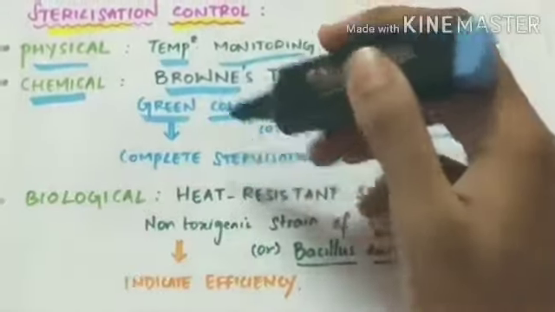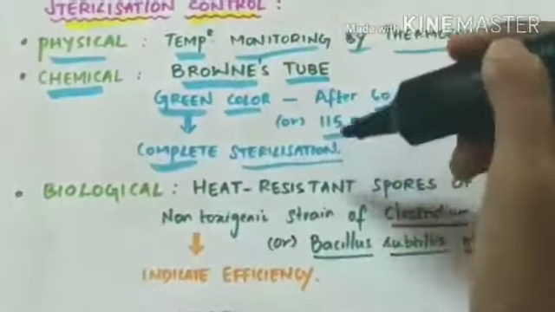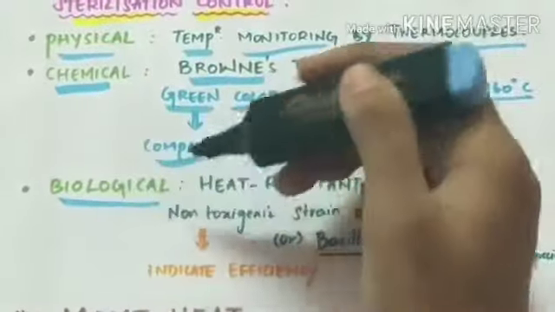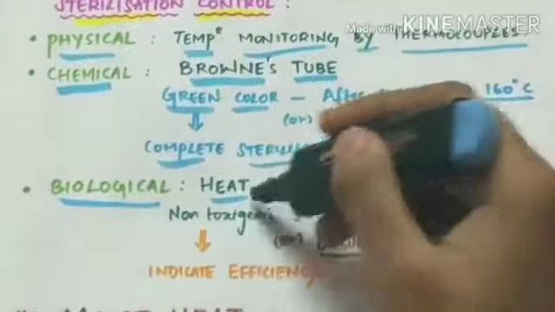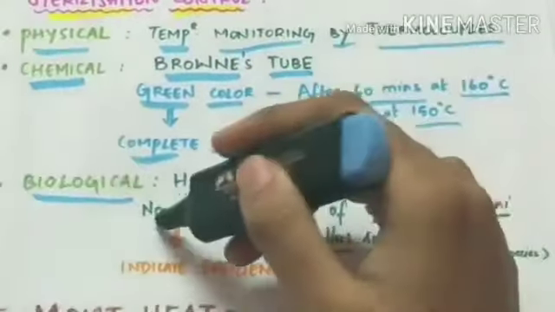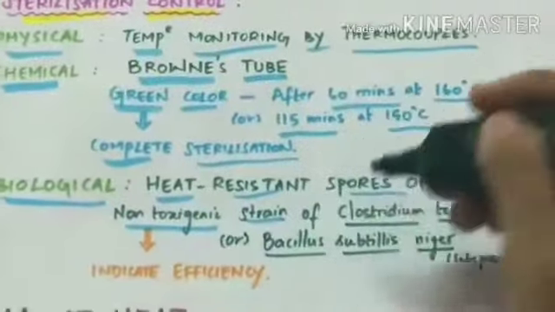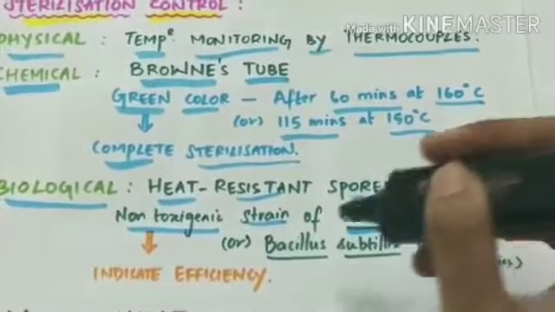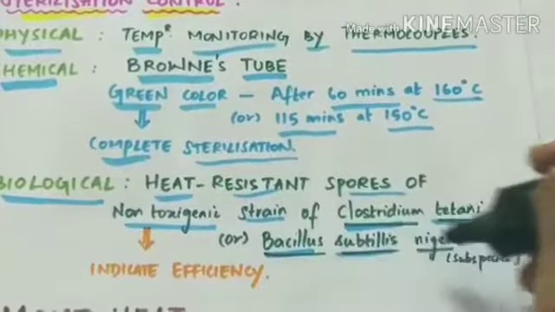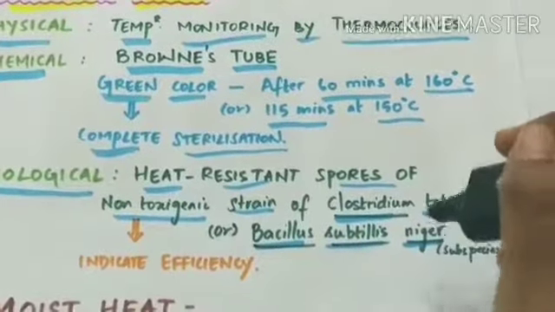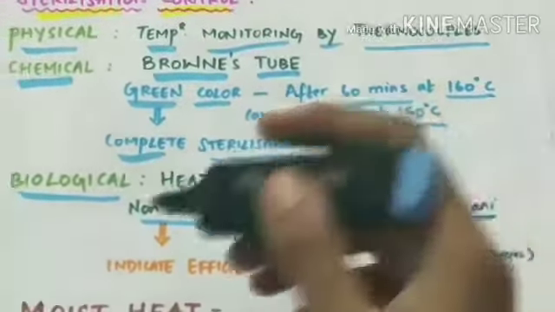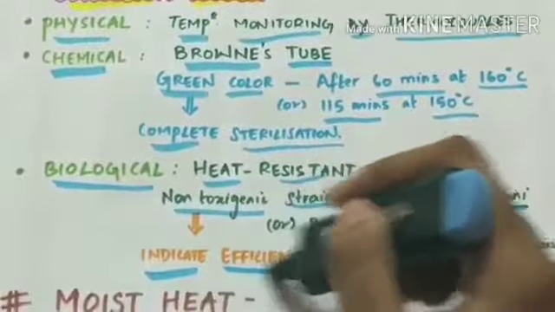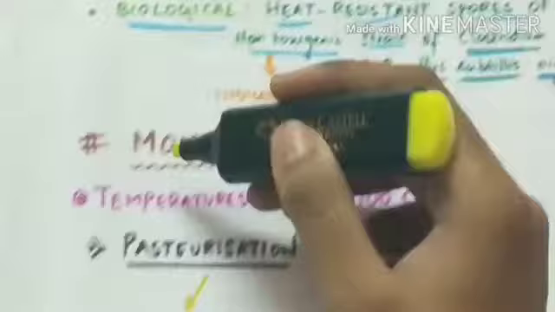The green color indicates complete sterilization. Next is biological control. Here, heat resistant spores of non-toxigenic strain of Clostridium tetani or Bacillus subtilis subspecies niger are used. They indicate efficiency of sterilization.